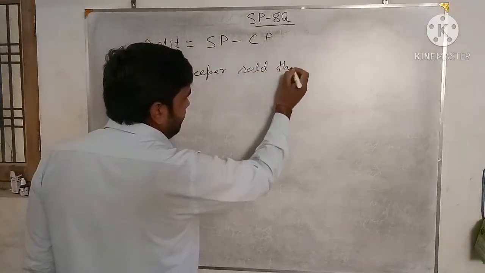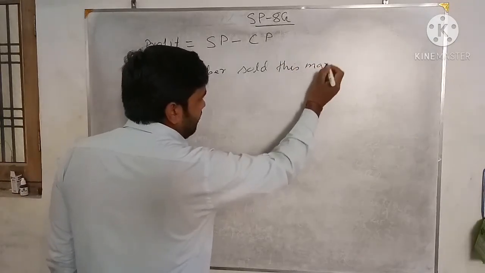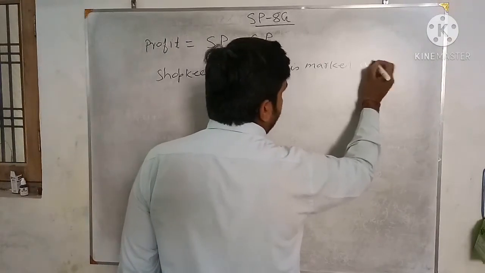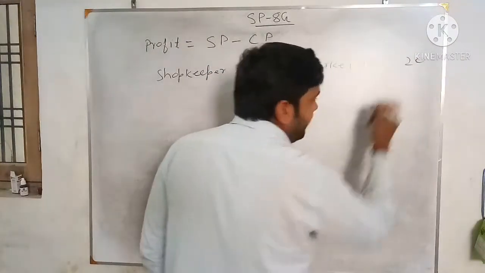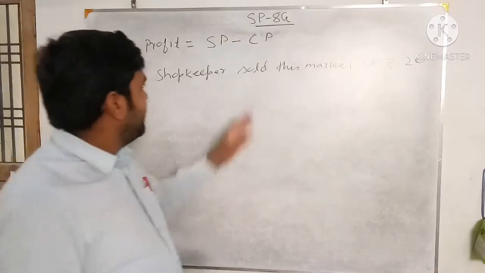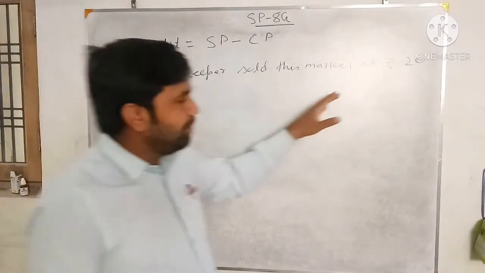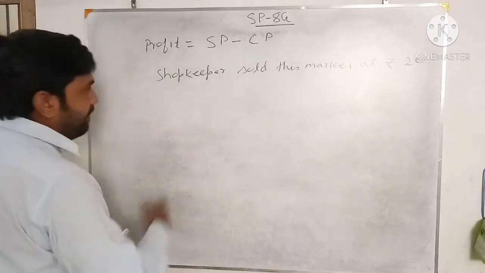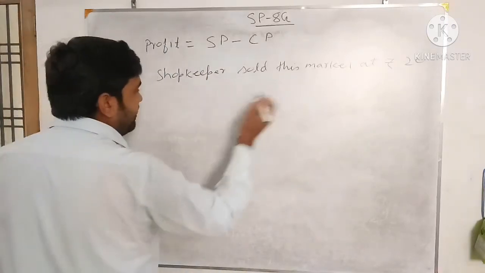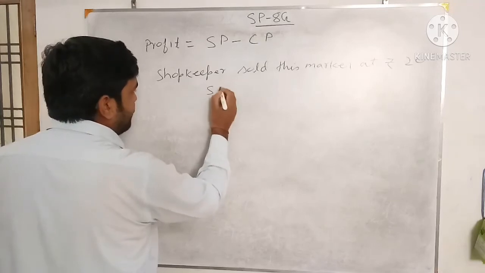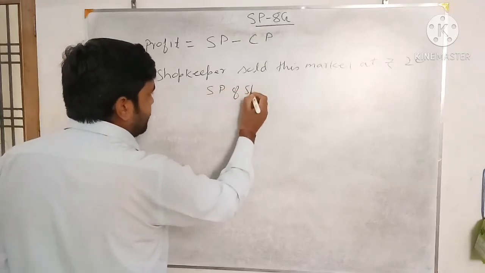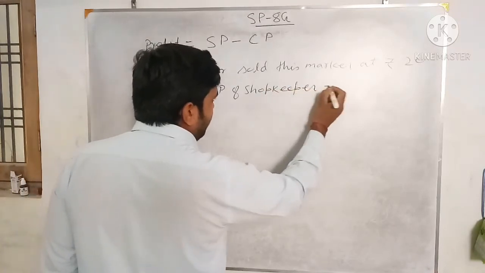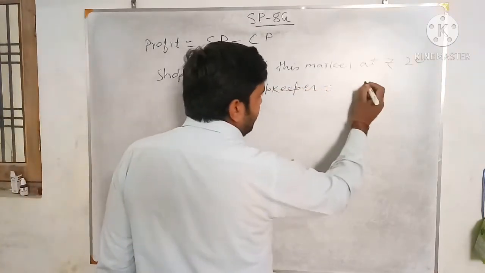Now the shopkeeper sold this marker at rupees 20, so that is the SP of the shopkeeper, equals to rupees 20.